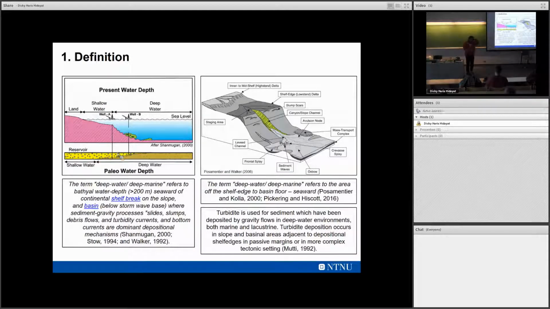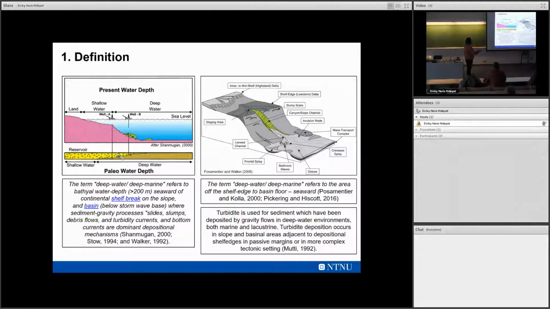The definition. As I discussed in my seismic sequence stratigraphy, today there is still a lot of disagreement about the terminology. Like you see here, we have at least two major definitions of deep marine.